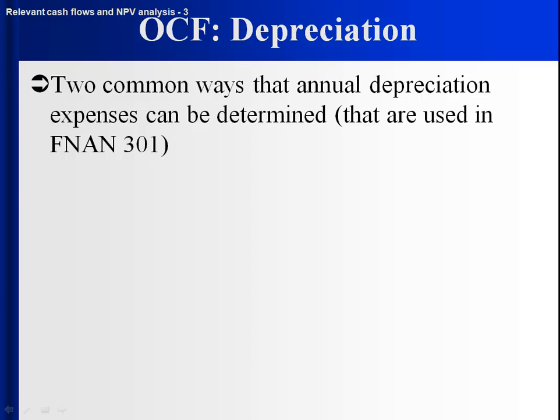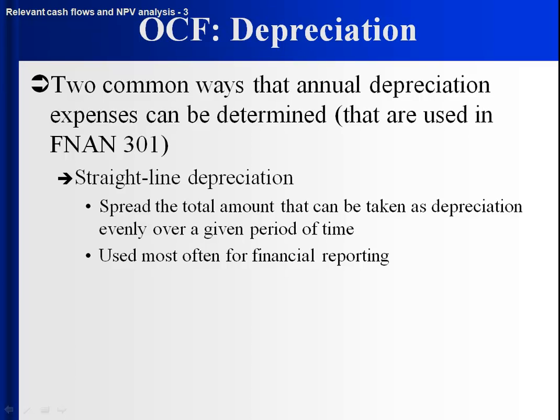There are two common ways that we're going to address in this class. One is straight line, and here you have a certain amount of depreciation that you get to take, and you spread it evenly out over a given period of time. This is used a lot for financial reporting because it's very straightforward, easy to comprehend.